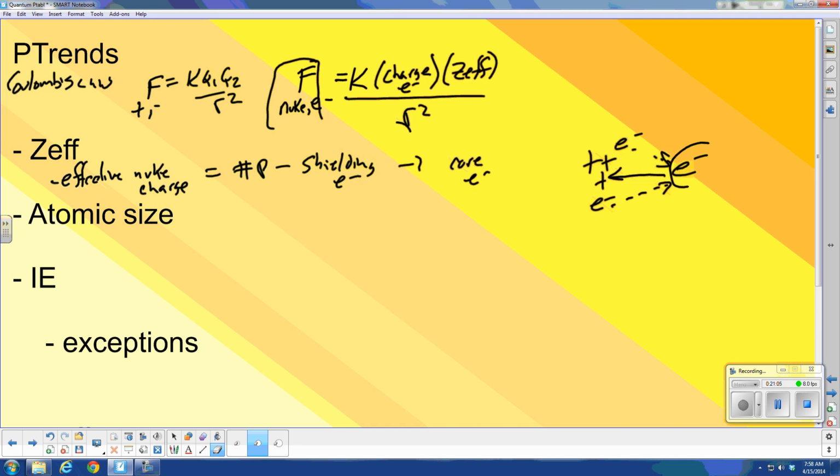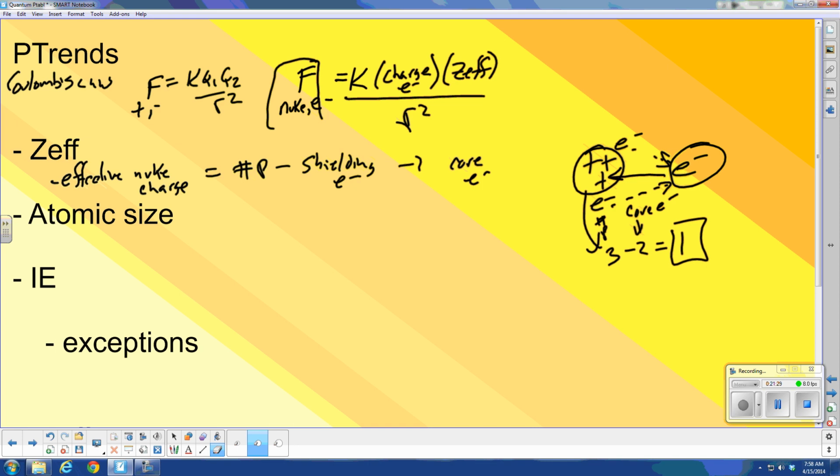So this electron does not feel 3 protons, it feels something less than that. A rule of thumb is take your number of protons, in this case 3, and subtract your core electrons, 2, and that will give you a rough idea of the effective nuclear charge. So this is core electrons, and this is number of protons.